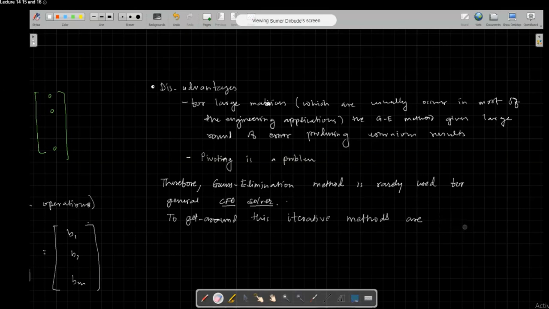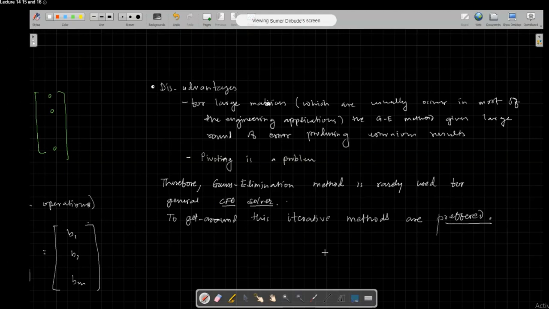Why they are preferred, we'll see once we. Iterative methods are preferred. Okay. Then what are those iterative methods? Let us see those iterative methods.